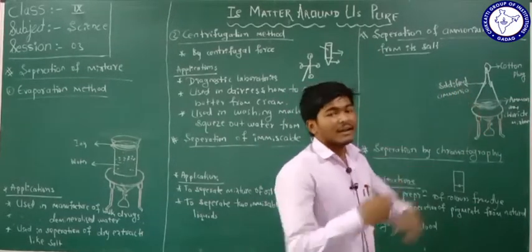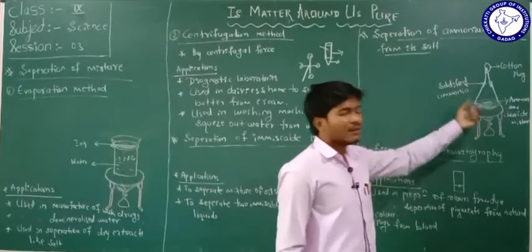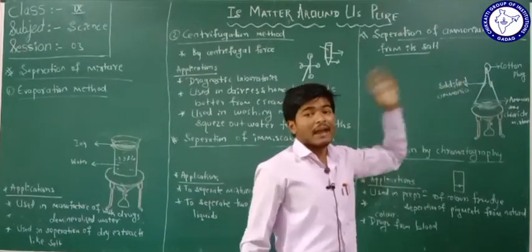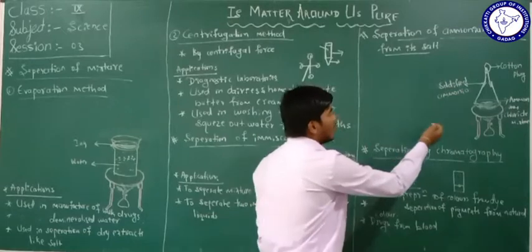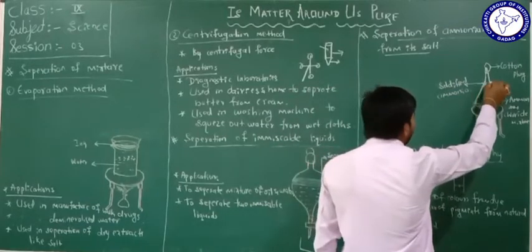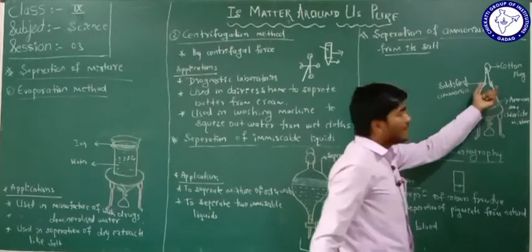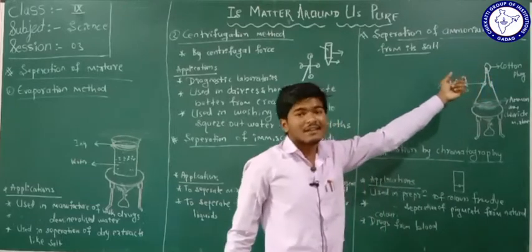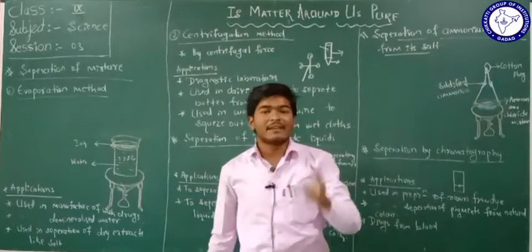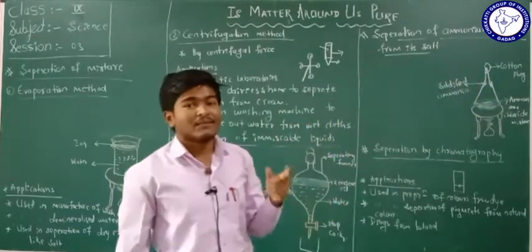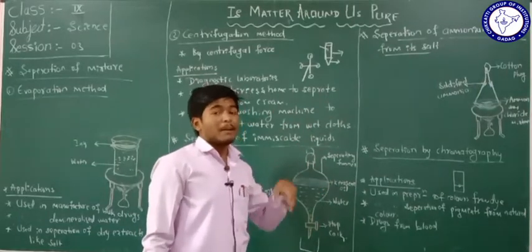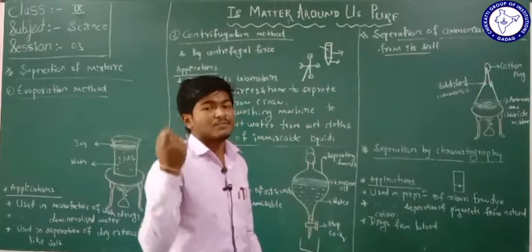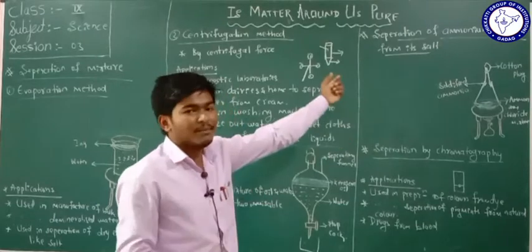It will be converted directly from solid to the gaseous state, and the solidified ammonium chloride will be collected at the bends of the funnel. Is it clear? We separate it by the property it possesses, that is the sublimation property.